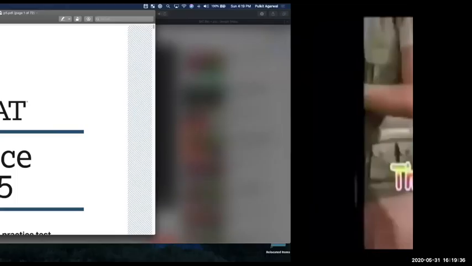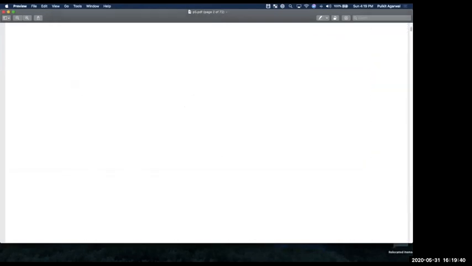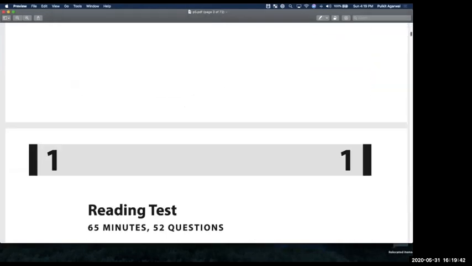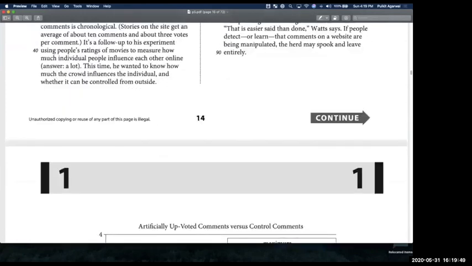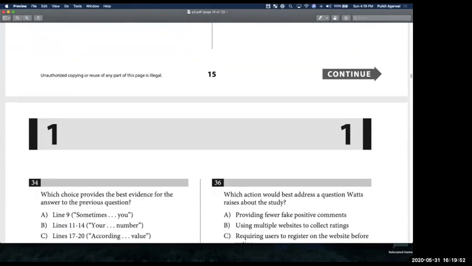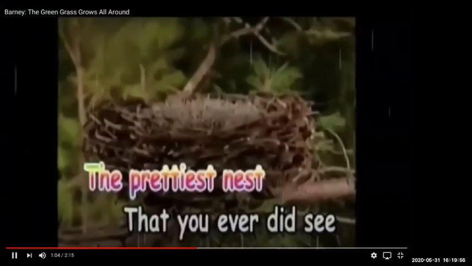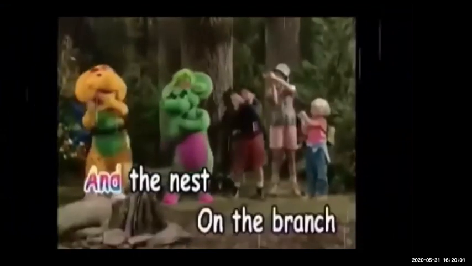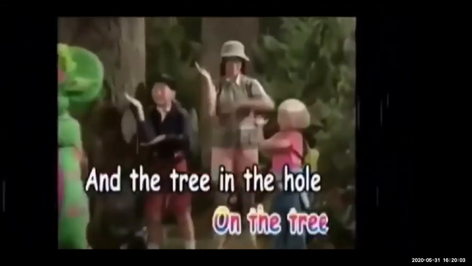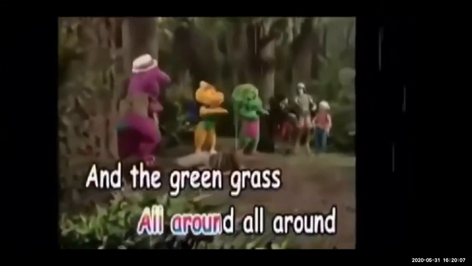The prettiest branch that you ever did see. Well, the branch on the tree, and the tree in the hole, and the hole in the ground, and the green grass grows all around, and the green grass grows all around. And on this branch, the nest on the branch, and the branch on the tree, and the tree in the hole, and the hole in the ground, and the green grass grows all around.